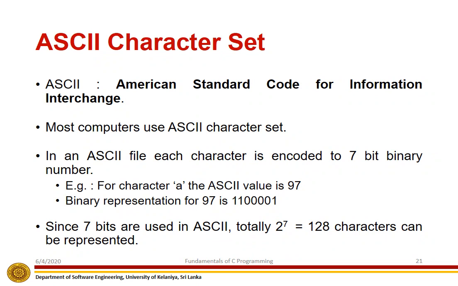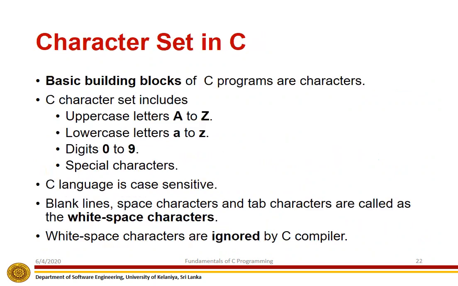It contains numbers from 0 to 9, the uppercase and lowercase English letters from A to Z separately, and some special characters. In the previous slide, you saw the ASCII values for the escape characters.